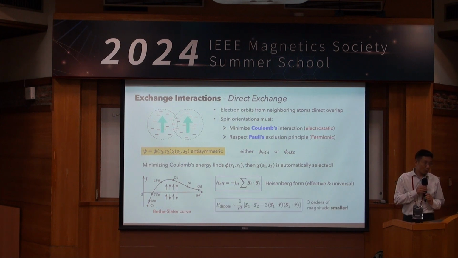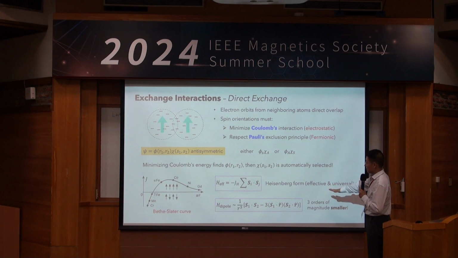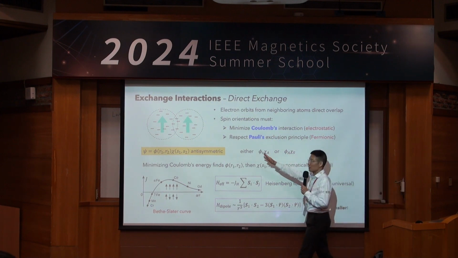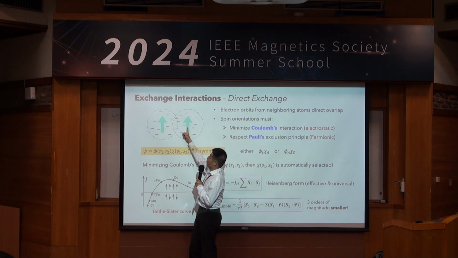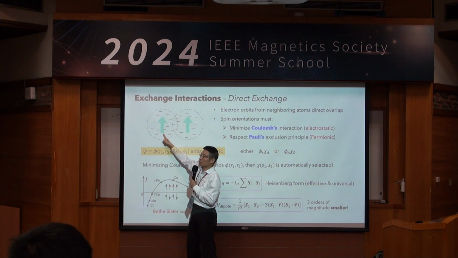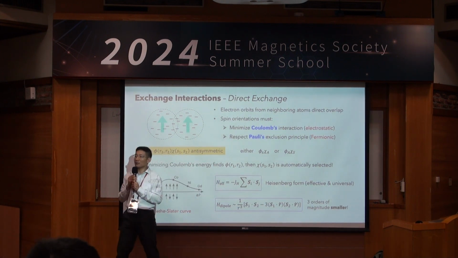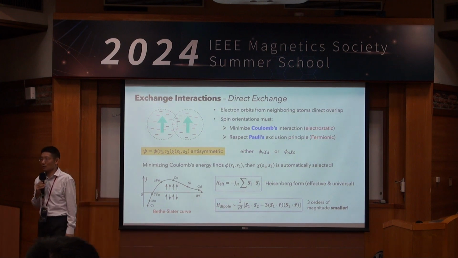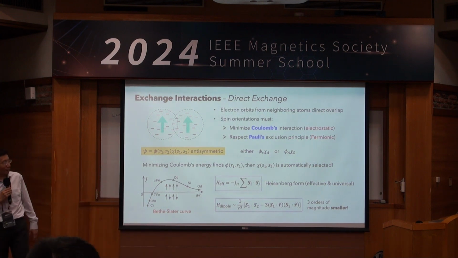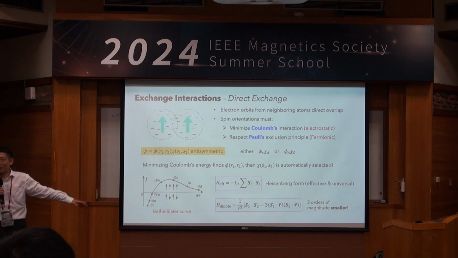So before moving on, I'd like to briefly comment on another similar interaction known as the dipole-dipole interaction. Because, at this moment you may think that the dipole field out of one spin could give rise to a preferred direction on the neighboring spin. But the thing is, comparing or benchmarking against the exchange interaction, the dipole interaction is 3 orders of magnitude smaller.